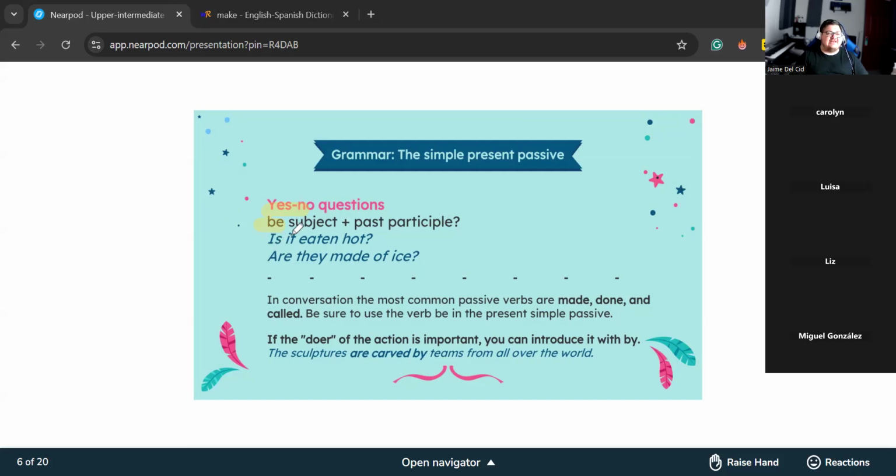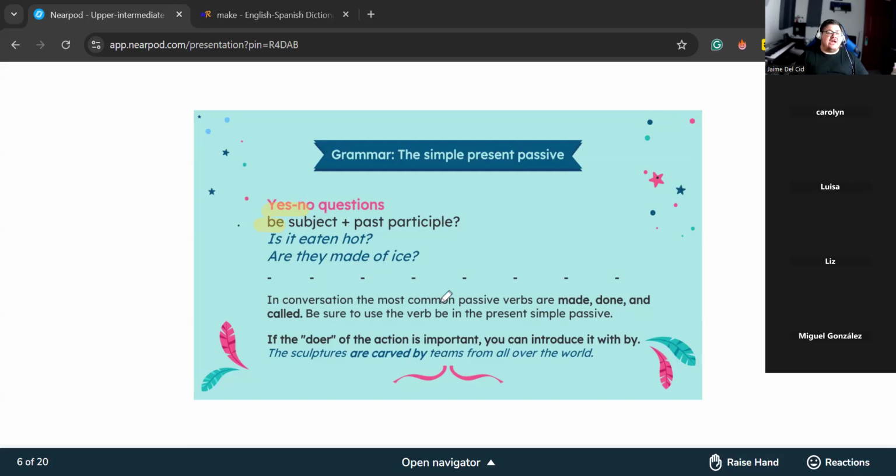So, for example, is kimbap eaten hot? It's a yes, no question because you have to answer either yes or no, right? Is kimbap eaten hot? Yes, it is, or no, it is not. Are the sculptures made of ice? Yes, they are, or no, they're not.